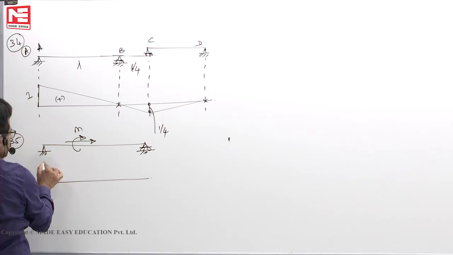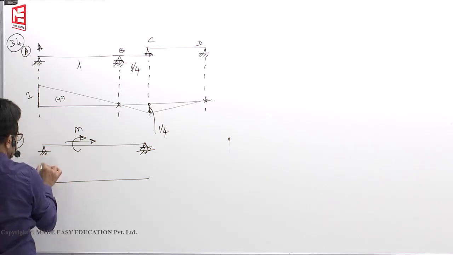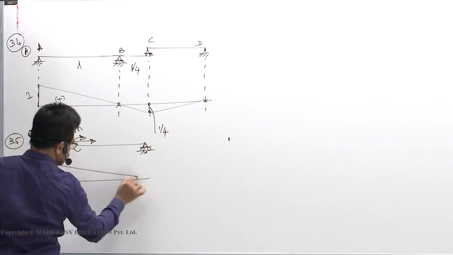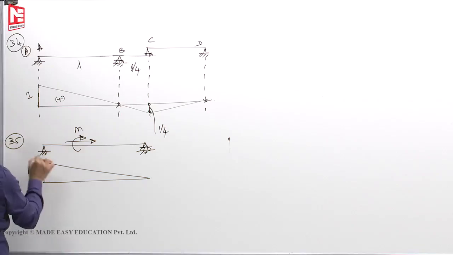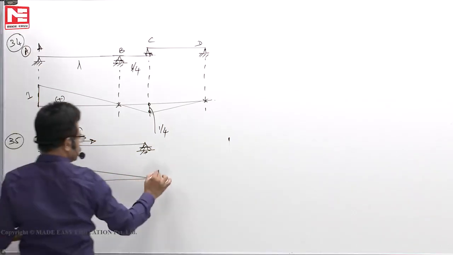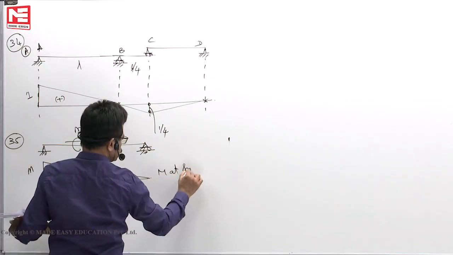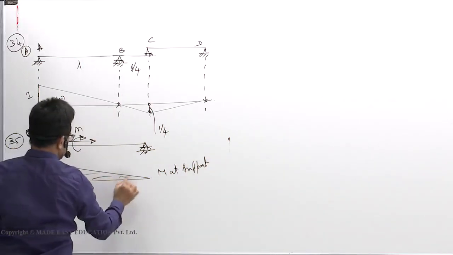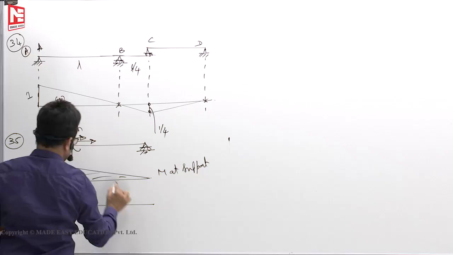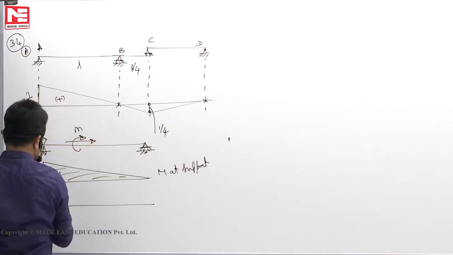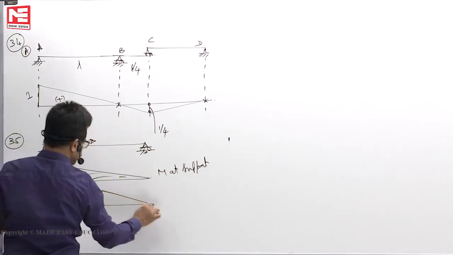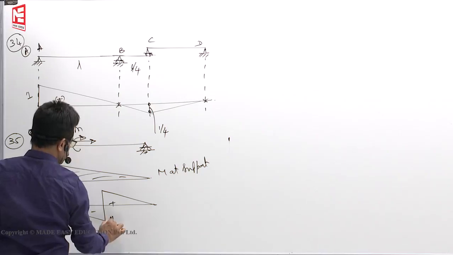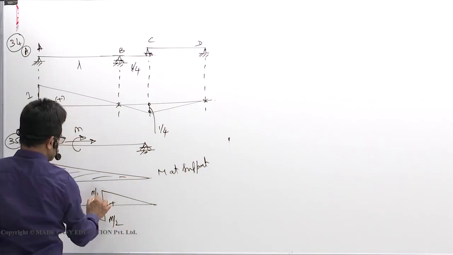So when the moment is at the support, this is the bending moment diagram, M at support. Okay, this is what I have given. M at center, we have drawn also, bending moment clockwise means anticlockwise. Like this diagrams I have drawn, minus plus, you will get M by 2, M by 2.